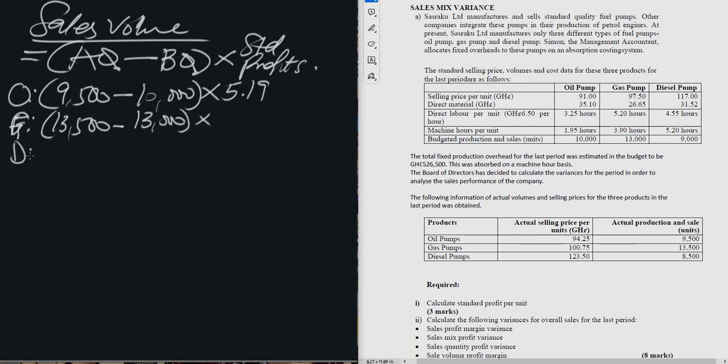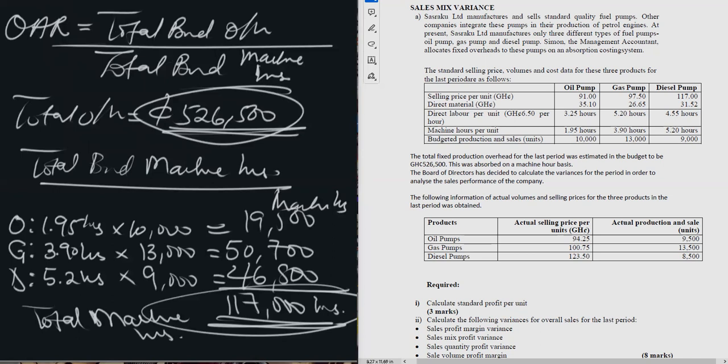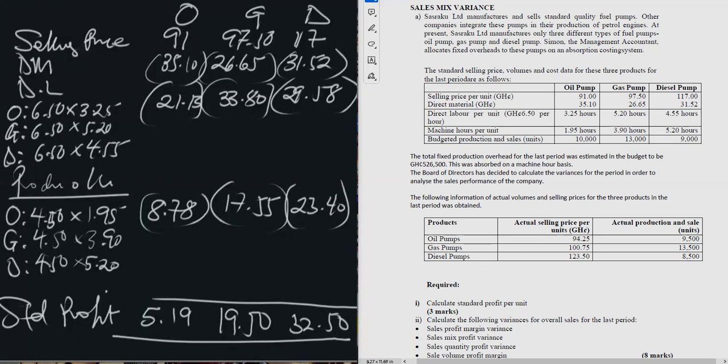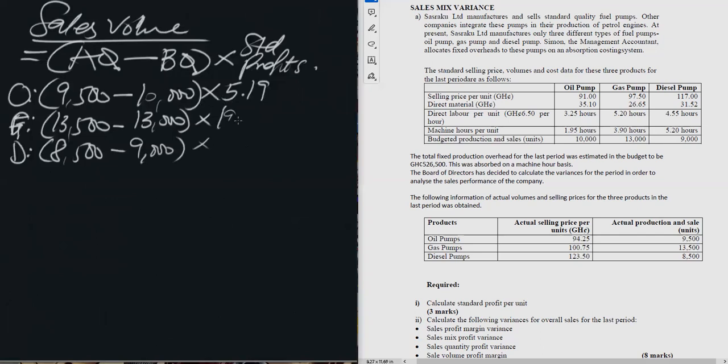Diesel pump, the same. The actual quantity was 8,500, but we were budgeting to sell 9,000. So we can just multiply by their 19.5 and 32.5 standard profit. So what then do we get?